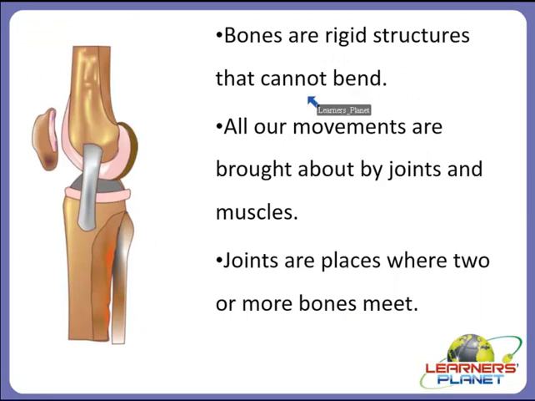Bones are rigid structures that cannot bend, and all our movements are brought about by joints present in our body with the help of muscles. With the help of muscles and joints, all these movements become possible, like running, walking, skipping, etc.